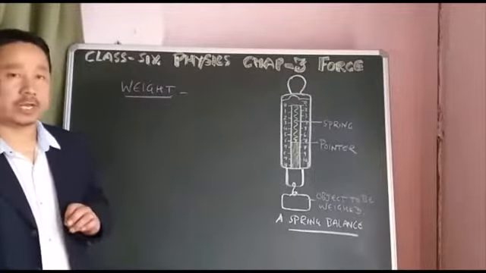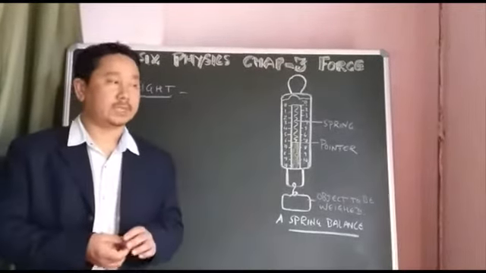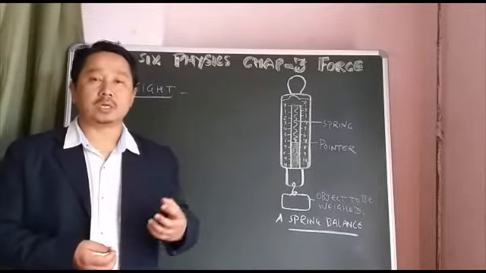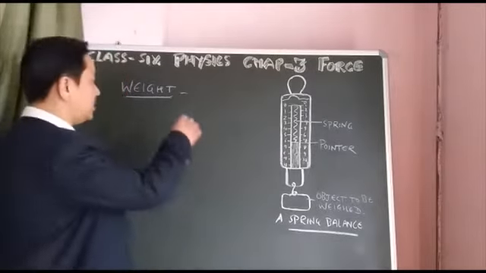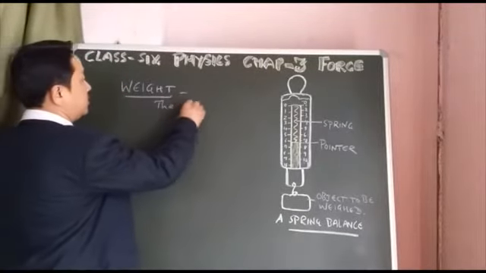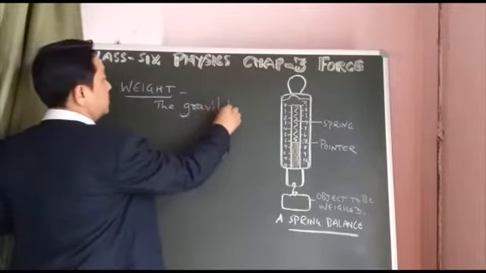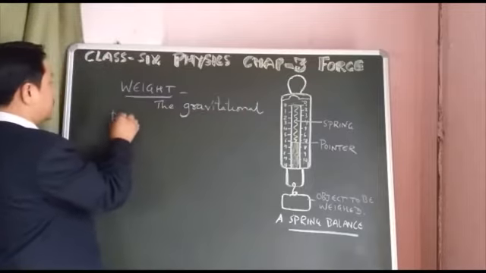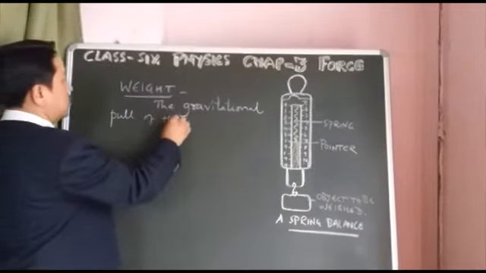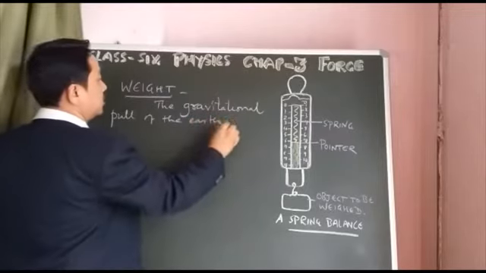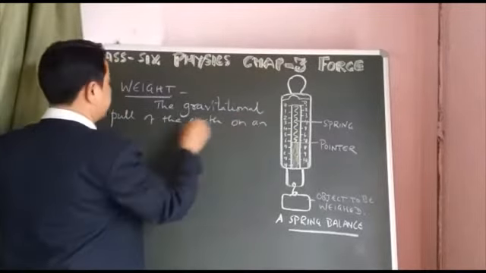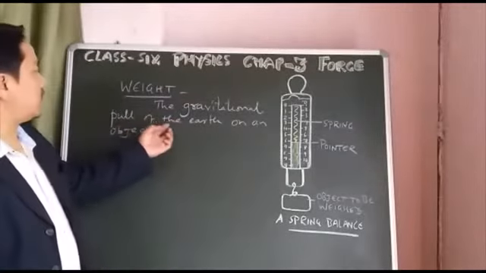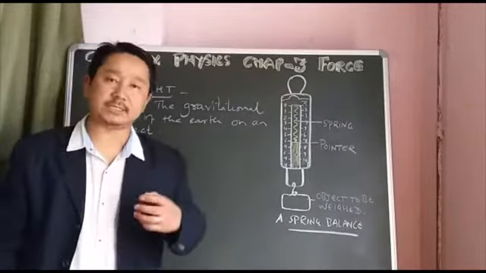W-E-I-G-H-T, weight. Alright, so this weight is in fact the gravitational pull of the earth on an object. The gravitational pull of the earth on an object actually is the weight.